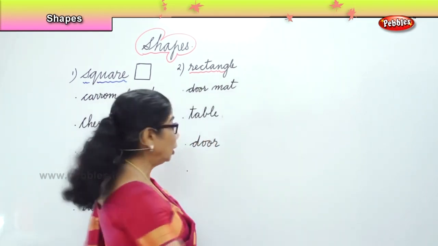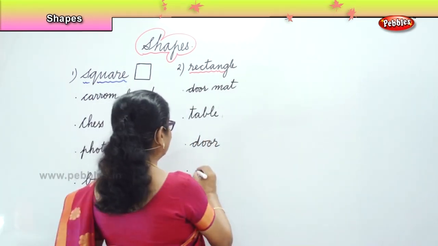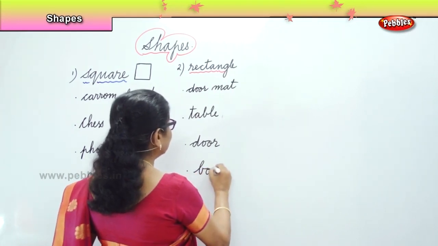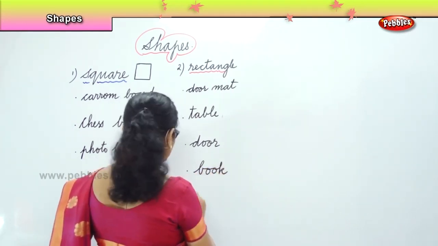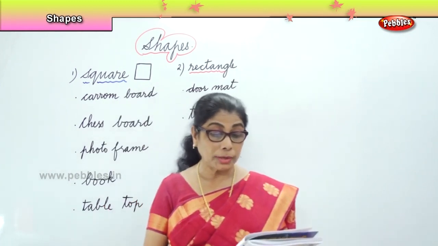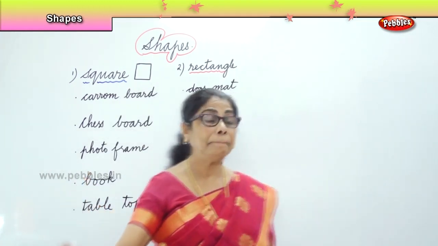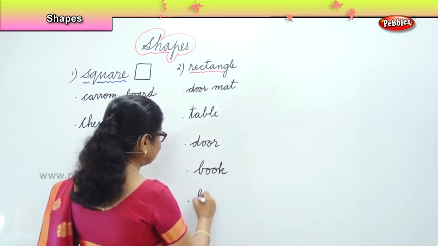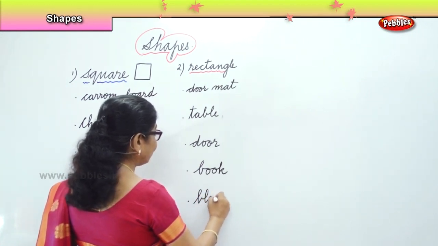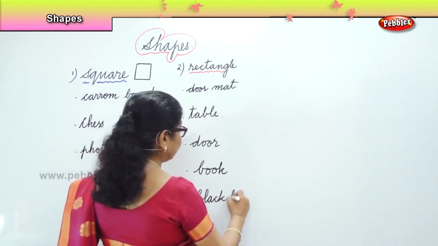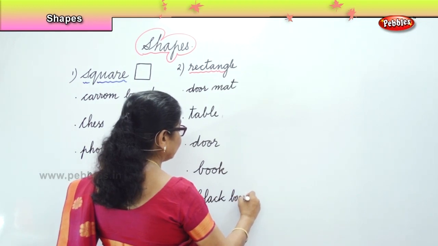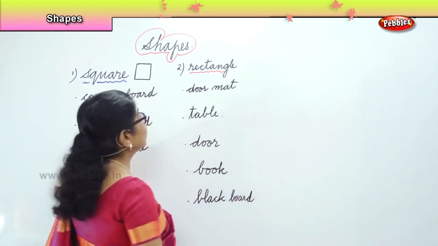Your book. Look at your book. It is rectangular in shape. Notebook or textbook you're talking about. What else? Look at your blackboard in the class. Blackboard. And there are others also.